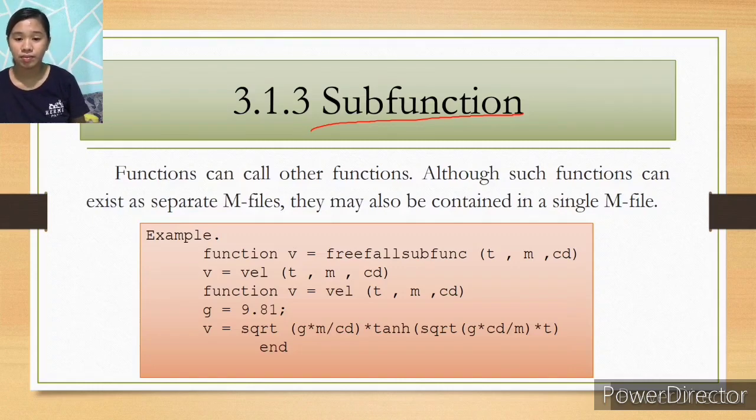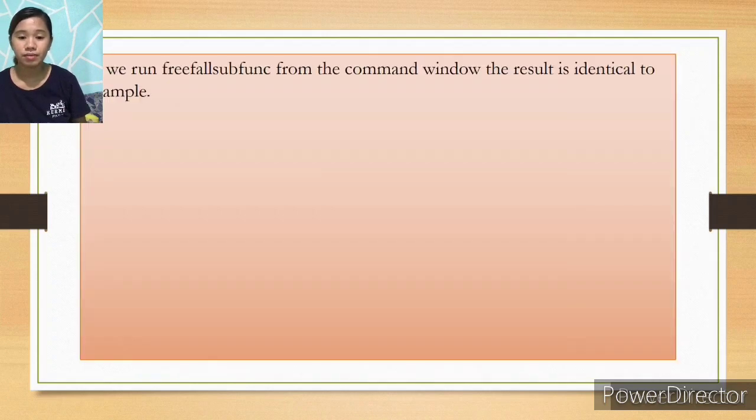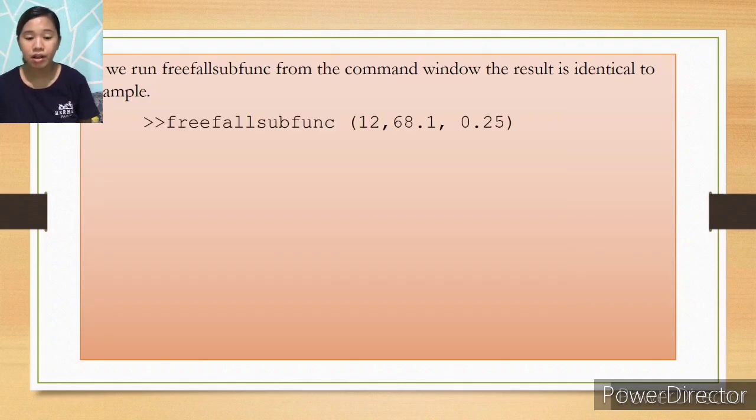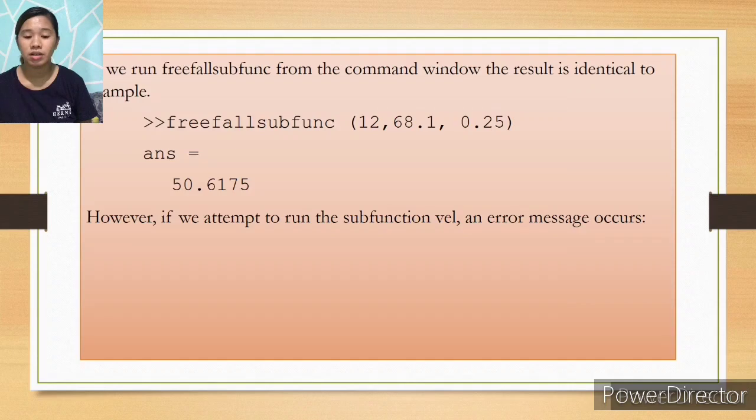So type end. If we run freefallsubfunction from the command window, the result is identical to the previous example. So freefallsubfunction(12, 68.1, 0.25), and the answer is 50.6175.